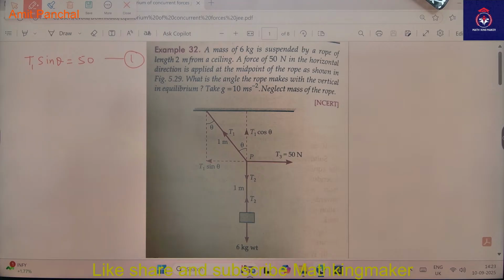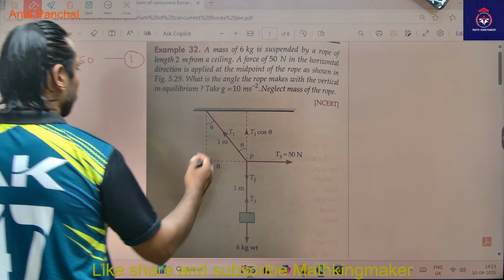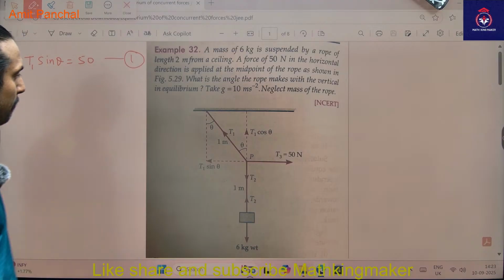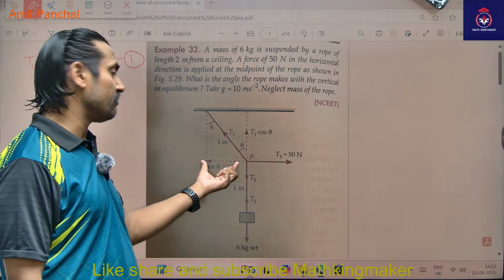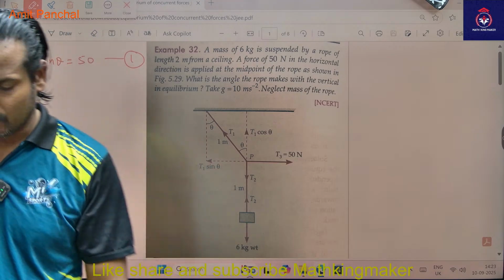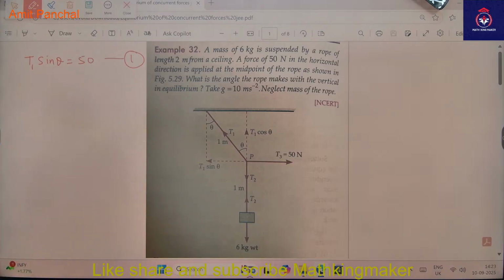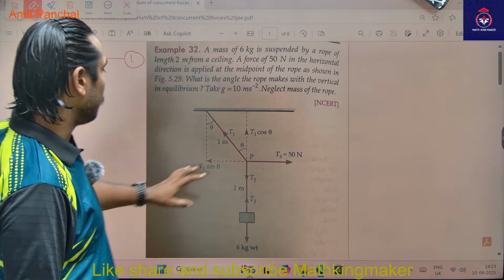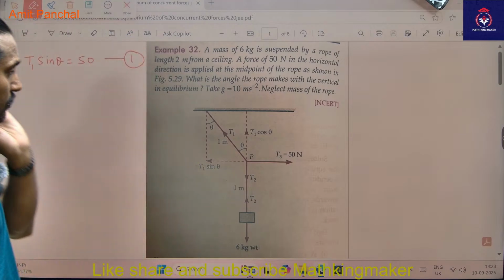No, not 50. Can we just use trigonometry for this? We can take the value of T1 sin theta as 50, so we will have the hypotenuse and opposite. Beta, T1 sin theta is a vector, it's not a magnitude. Okay, so we can't apply trigonometry here. Got my point?